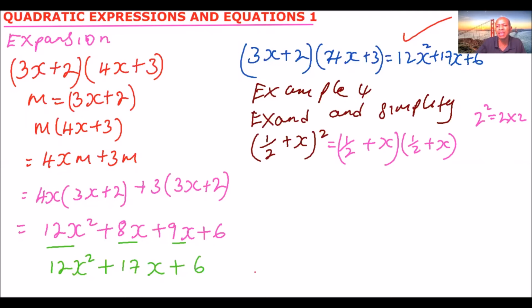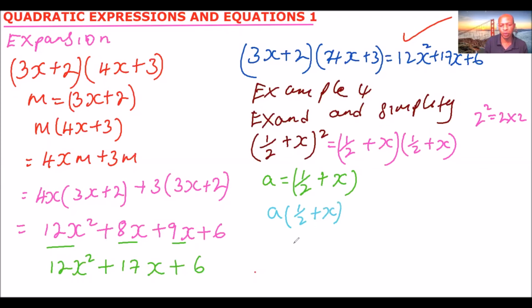Once you have that, you just follow the same procedure. You can say that A is equal to a half plus x. So what we do is we replace that with what we have. And when you replace that, you get A into bracket a half plus x.